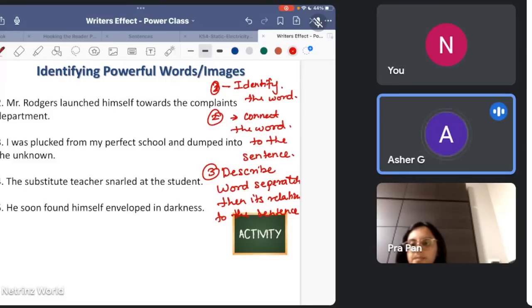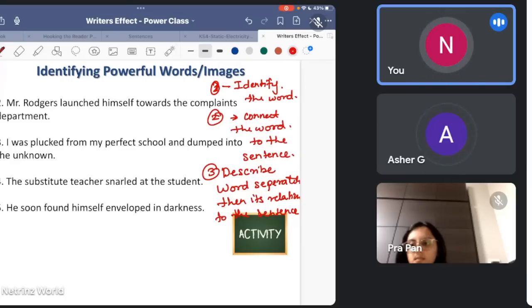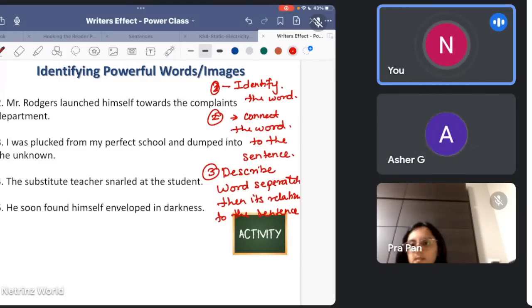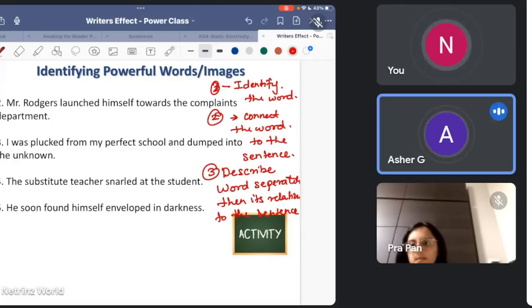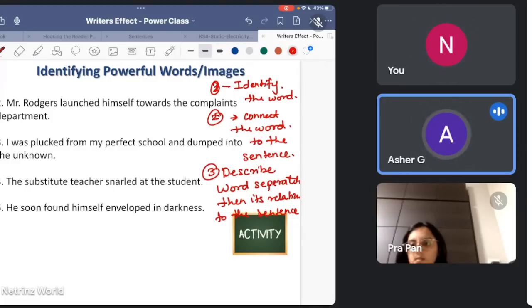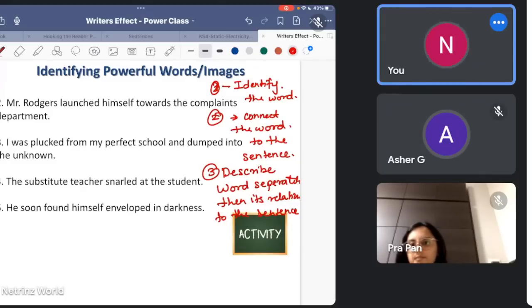Yeah. The writer is trying to show, using the powerful word launched, that Mr. Rogers is very angry about something. Where did you get to know he's a teacher? Nowhere it is mentioned he's a teacher.